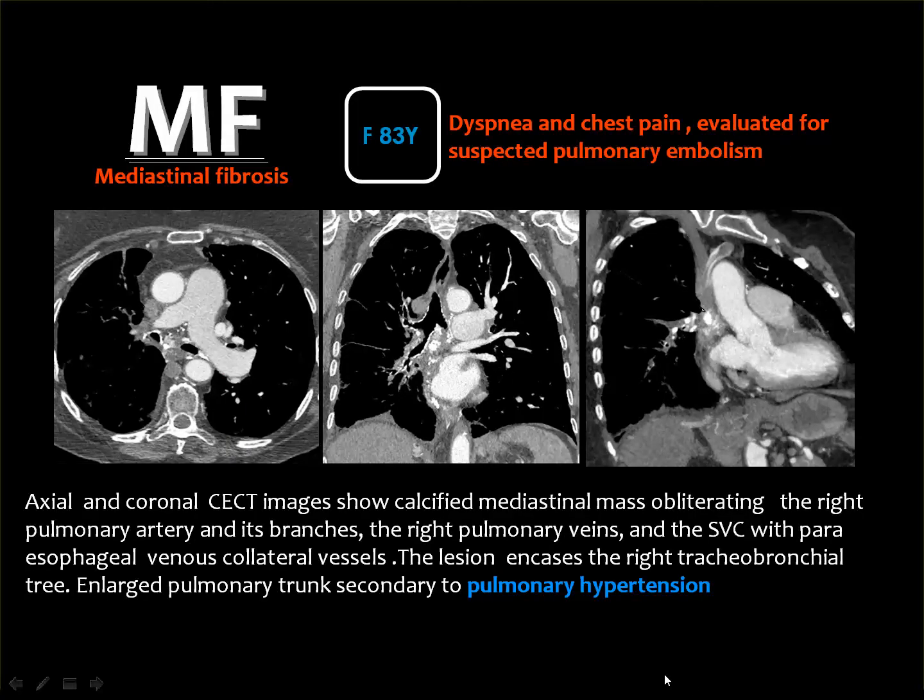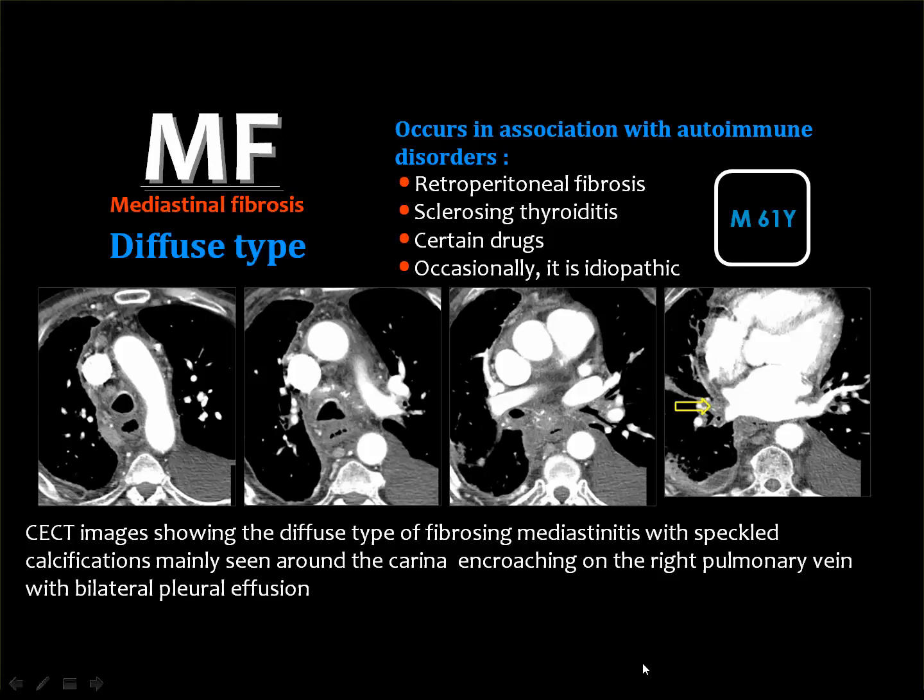Then the fibrosis going through the mediastinum may encase the pulmonary arteries and compromise the arterial lumen, which is reflected on the pulmonary artery in the form of increased pulmonary arterial pressure with dilatation of the pulmonary artery compared to the caliber of the aorta.